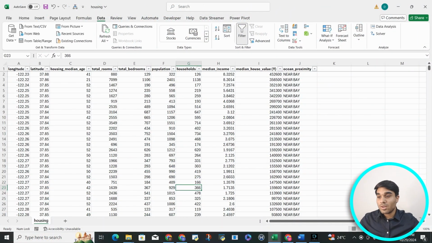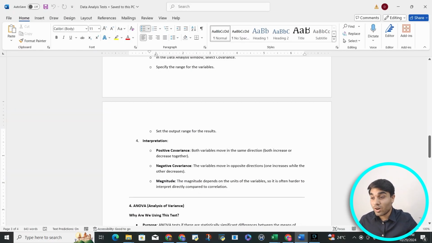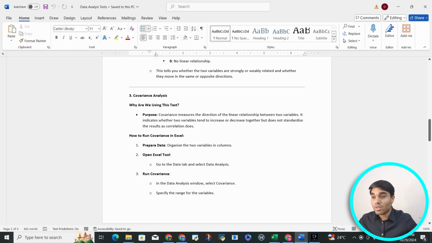The first thing that we really want to open is our Word doc. In the Word doc, you can see here, covariance measures the direction of the linear relationship between two variables. It indicates whether two variables tend to increase or decrease together, but does not standardize the result as correlation does.